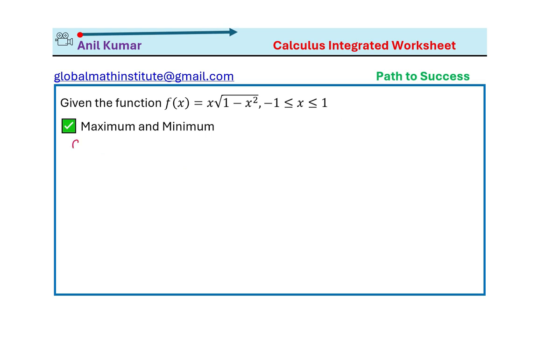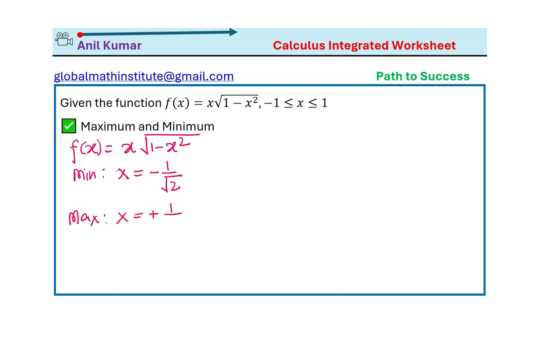So for the function f of x, which is given to us as x times square root of 1 minus x squared, we found that the minimum is when x equals minus 1 over square root 2, and maximum when x equals plus 1 over square root 2. So we can substitute this value and find the y value.